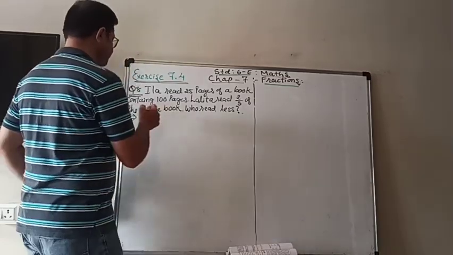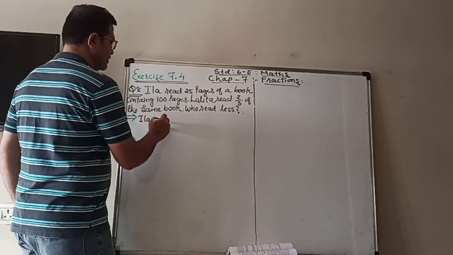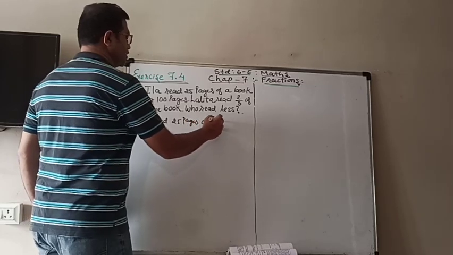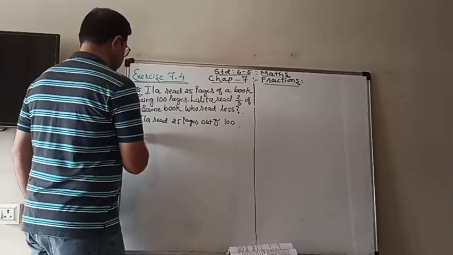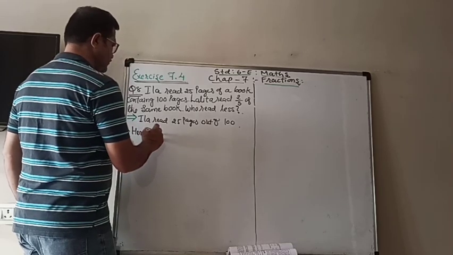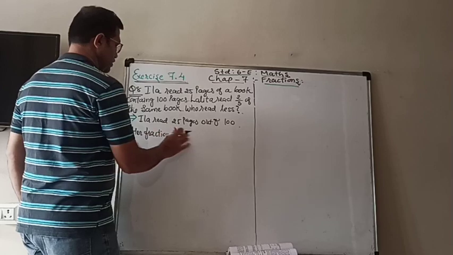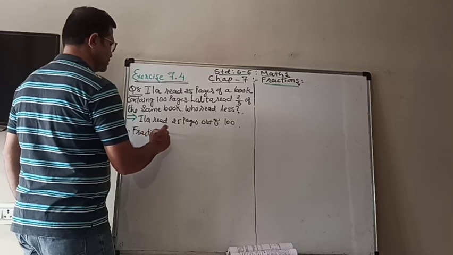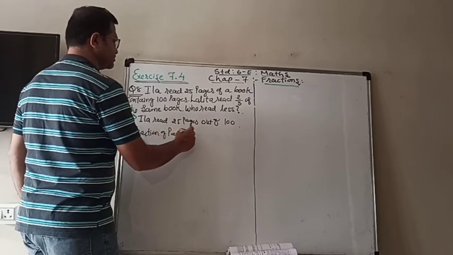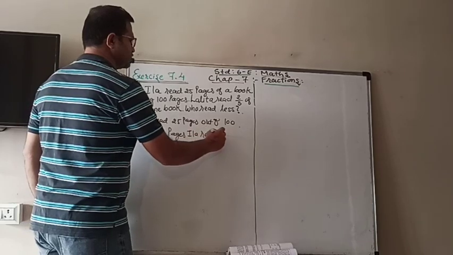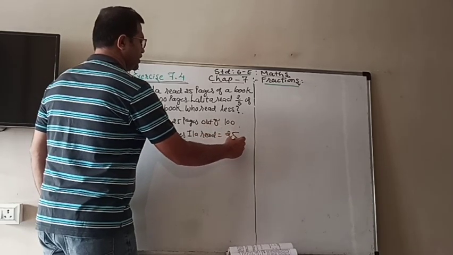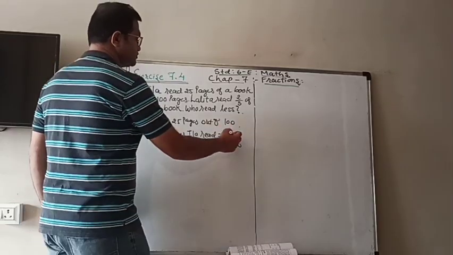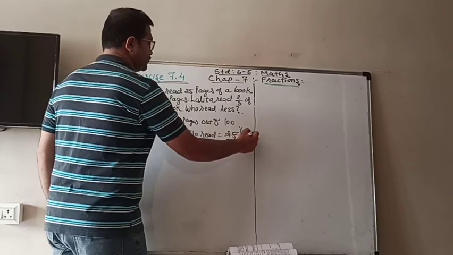So now Ila read 25 pages out of 100. Therefore, her fraction, or we can write the fraction of pages Ila read, is equal to 25 upon 100, because out of 100, she read 25. 25 ones are 25, 25 fours are 100.